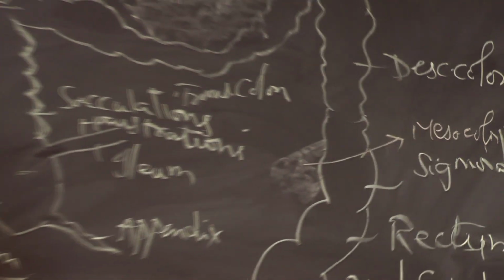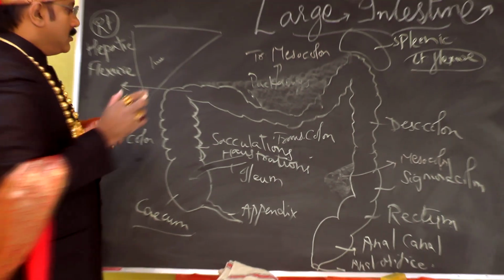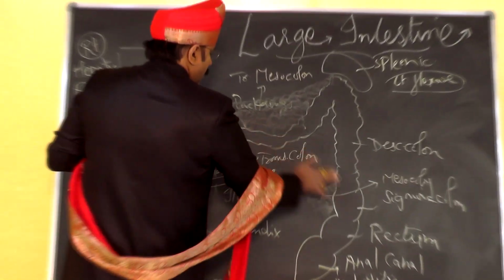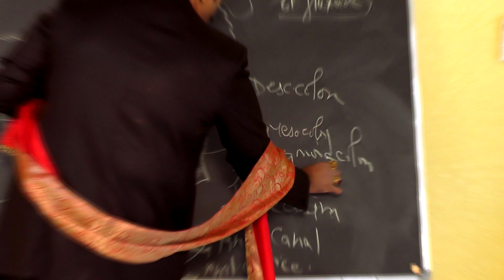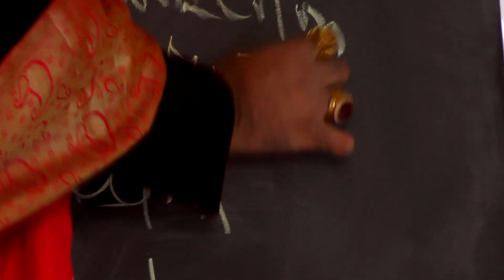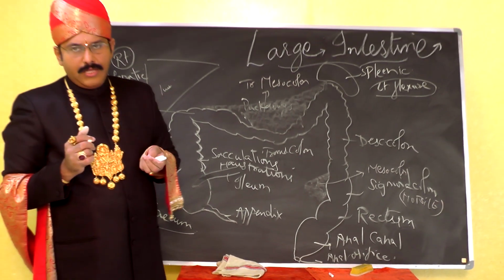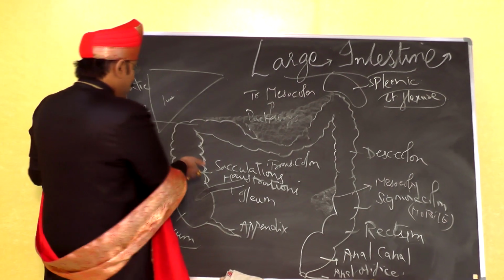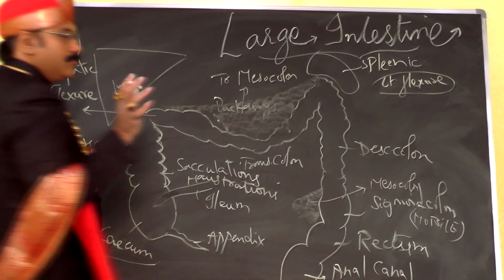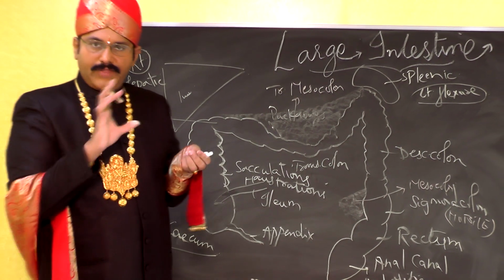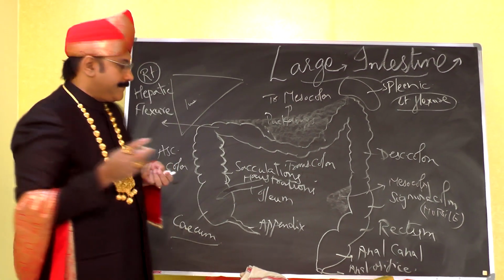And the sigmoid colon also has the sigmoid mesocolon. So these two portions are mobile. The sigmoid colon and the transverse colon are mobile parts of the large intestine because they are suspended by mesentery. They show a little bit of movement. As such, most of the large intestine is almost fixed.